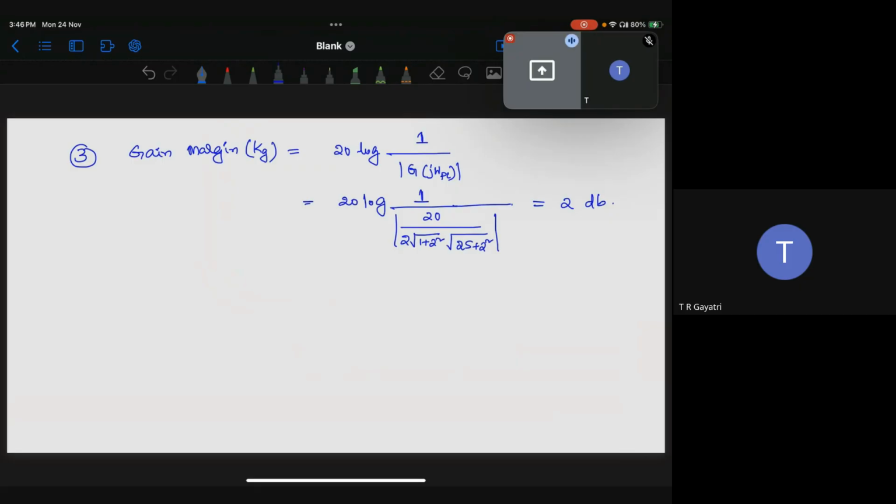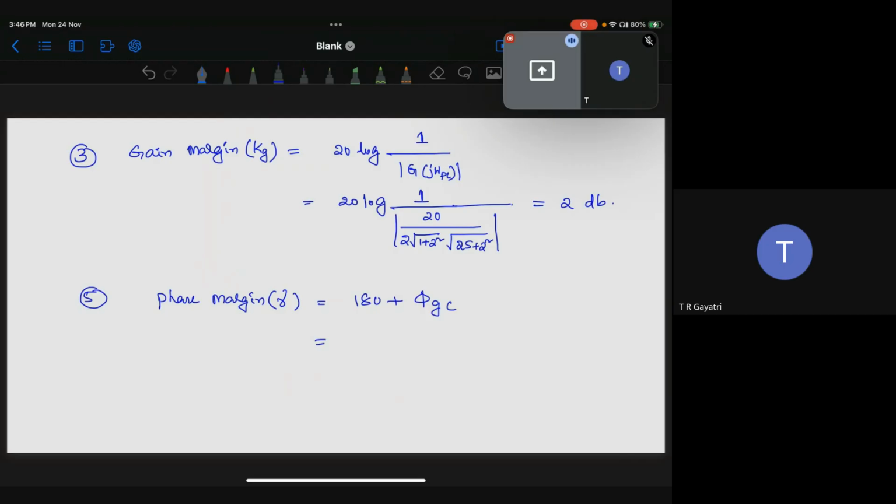Similarly, next we can calculate the phase margin gamma. So that we will calculate as 180 plus phi at gain crossover frequency.